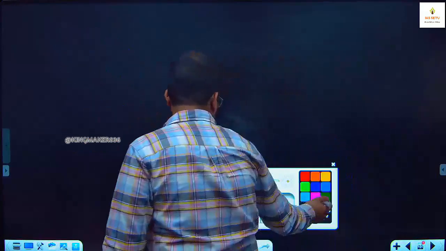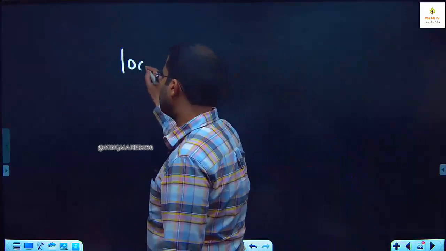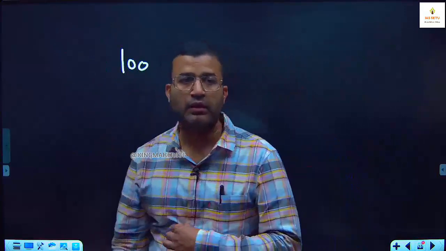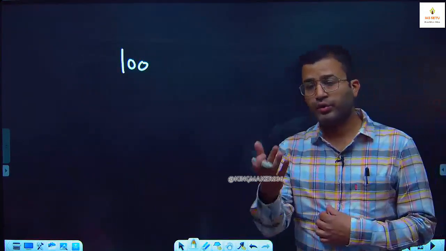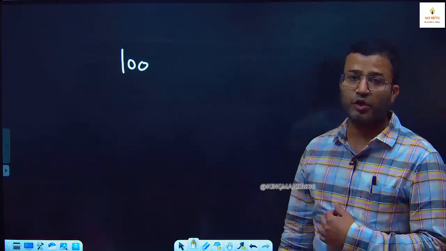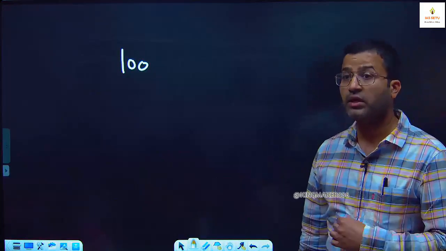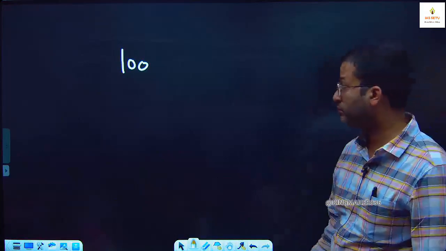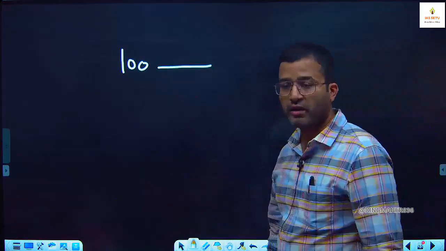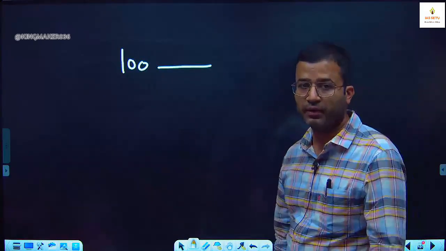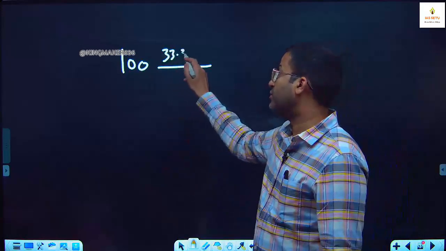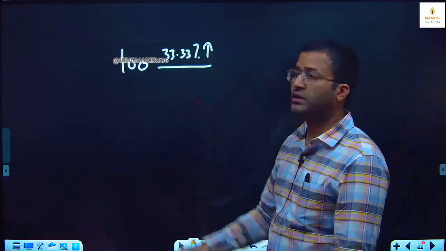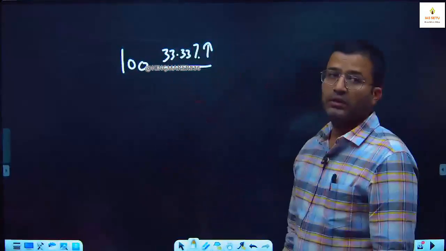Like for example, your salary 100 rupees. ठीक है. Your boss, that is going to be chief secretary of that state, is happy with your work. क्योंकि आपने उनकी सारी फाइल क्लियर कर दी. He or she has given you a 33.33% increment in your salary. ठीक है.